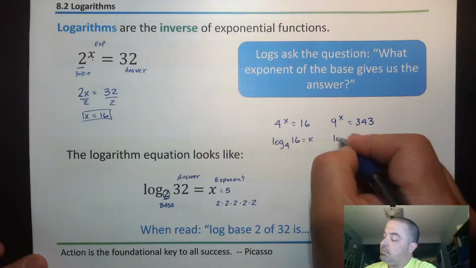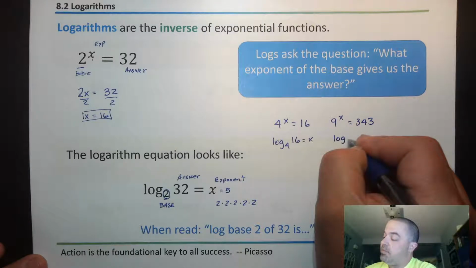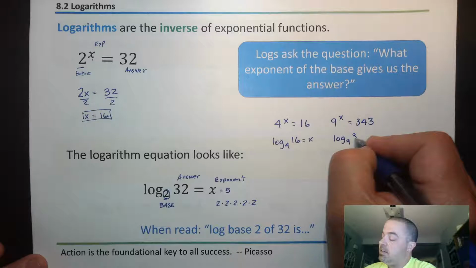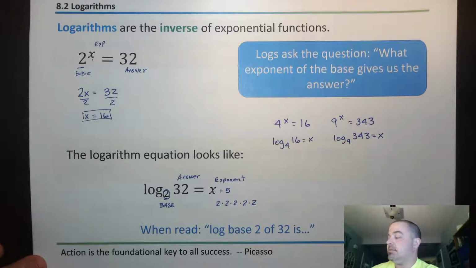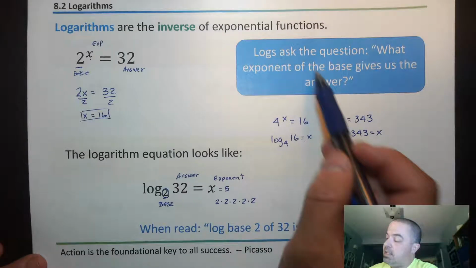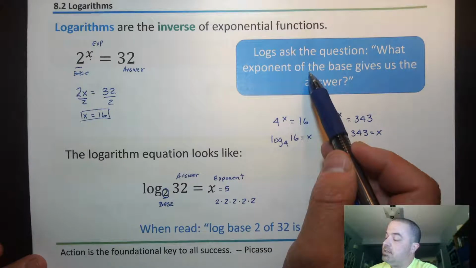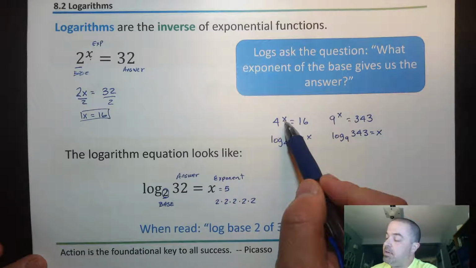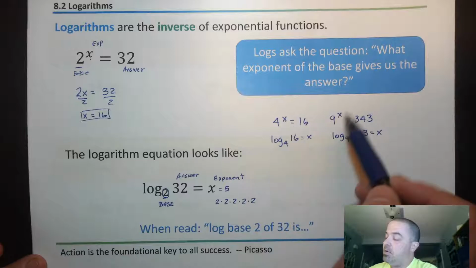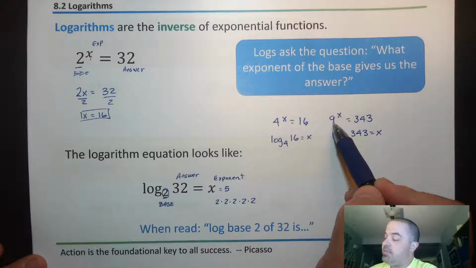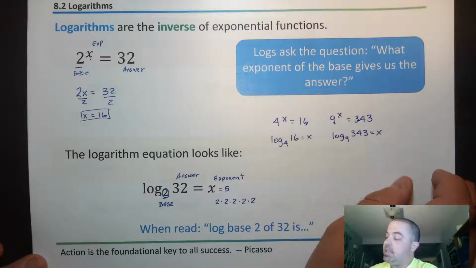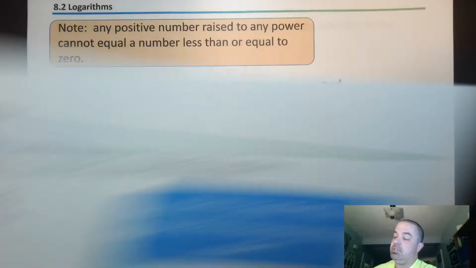I don't know the answer, but if I needed to solve it, I'm going to think of it this way: log base 9 of 343 is equal to x. Because the question that the log answers is, what exponent of the base gives us the answer? What exponent of 4 gives me 16? What exponent of 9 gives me 343? And that's what we're going to be looking to do here.